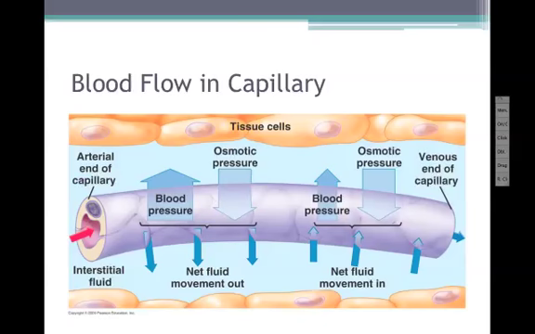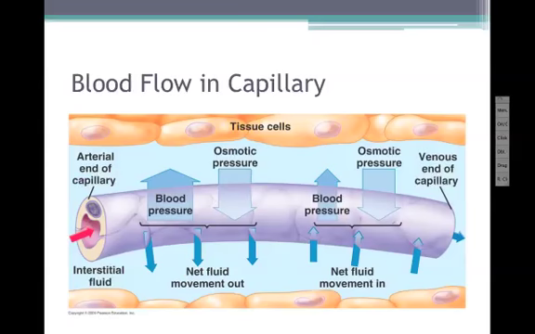And blood pressure is a big component of helping to get the blood through and out of the capillary. Osmotic pressure is the pressure of pulling water through a semi-permeable membrane to an area that has lower water concentration. So there is an osmotic pressure pushing into the capillary. But the net movement, the blood pressure is higher than the osmotic pressure, so it's going to go in the direction of the blood pressure arrow.